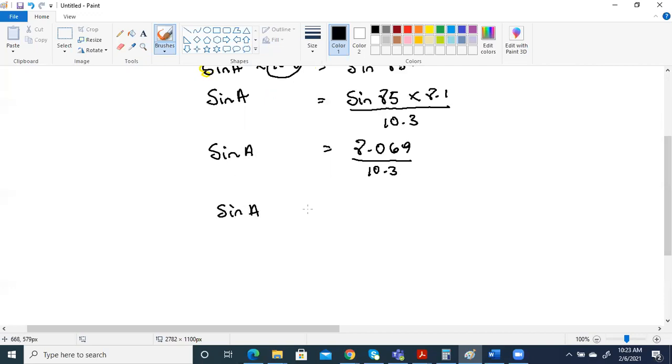So sine A equals 0.783. Thank you very much. The next step now is to get rid of this sine. So we would carry it over. We would have A, which is the angle we're looking for, equals the inverse of sine of 0.783, because when you carry it over the equal sign, it becomes the inverse.